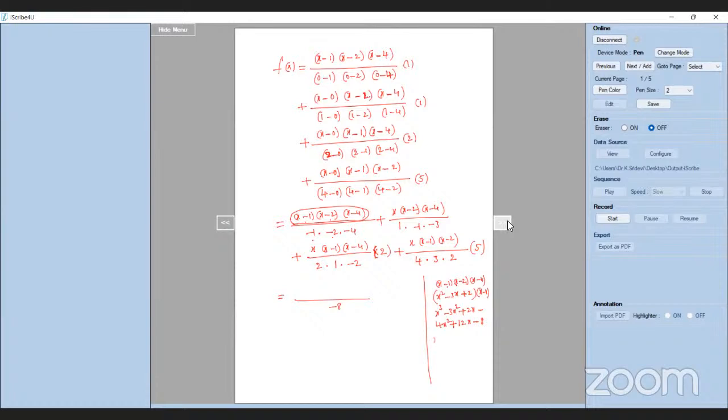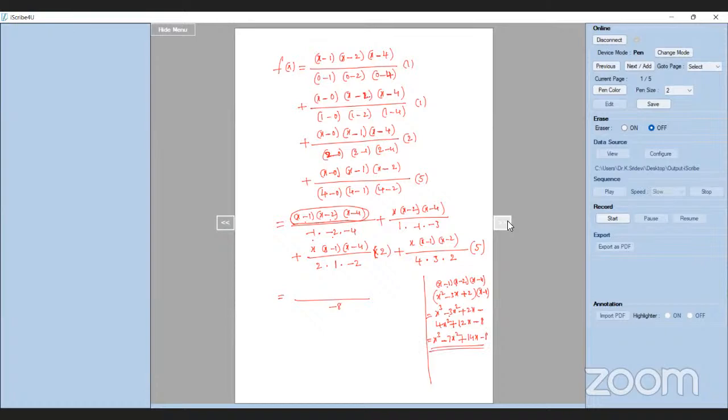Okay, now simplify this one. x cube, squared minus 3 minus 4 minus 7x squared, x plus 2, 12 plus 2, 14x minus 8.